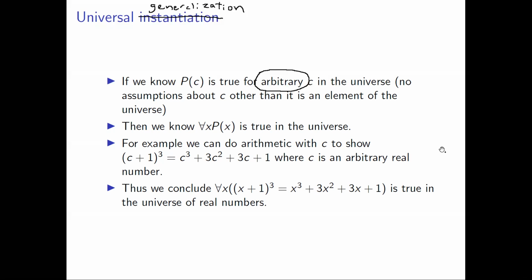So that's a typical example of universal generalization. And that's something that we used a lot back in Algebra 1 and Algebra 2. We proved a lot of equations involving variables x or y. And most of those equations would have universal quantifiers in front of them, sometimes restricted universal quantifiers.